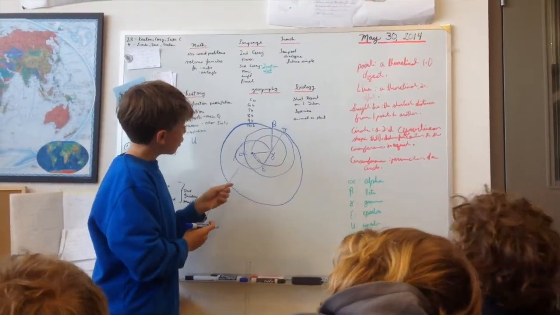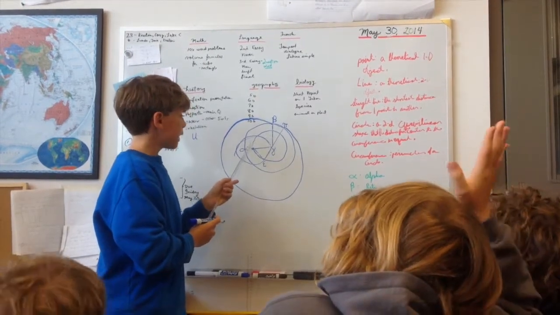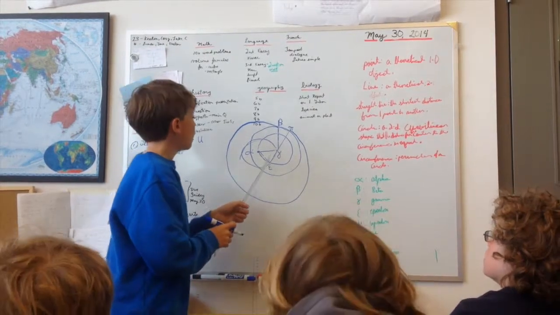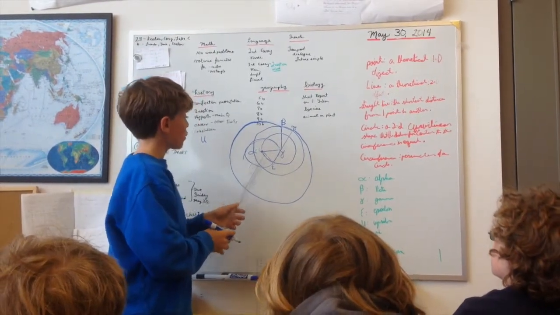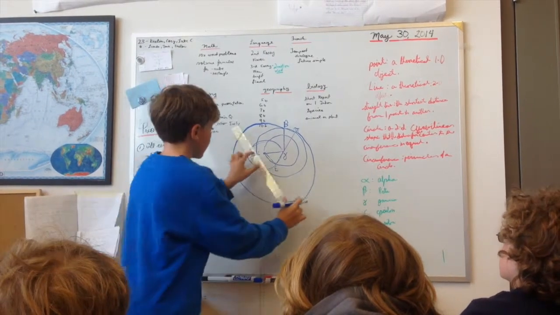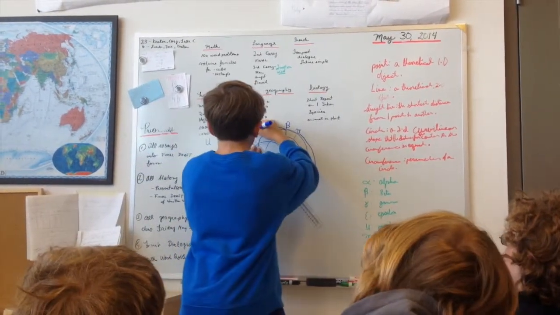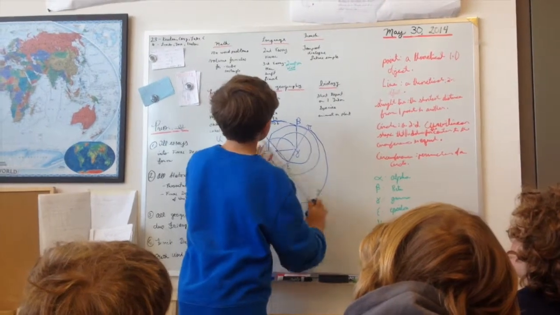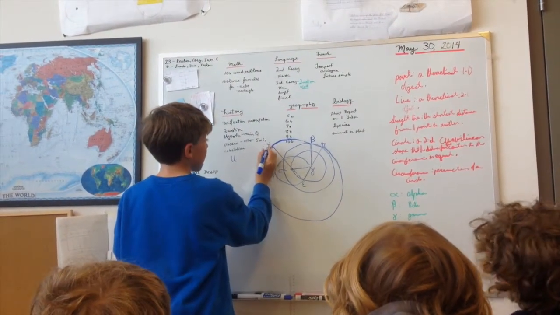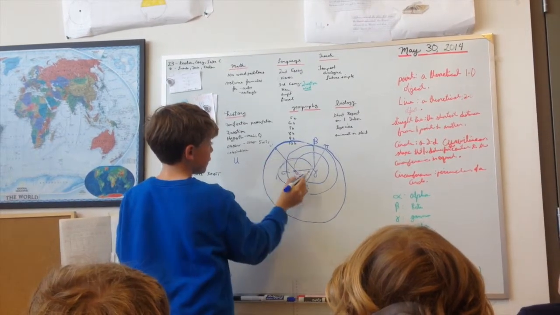Now, see this line, epsilon to alpha. What we can do is extend it to there. I'm going to label this epsilon. So this line equals this line.